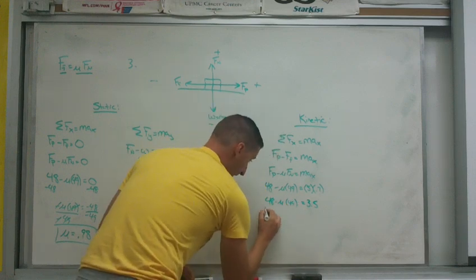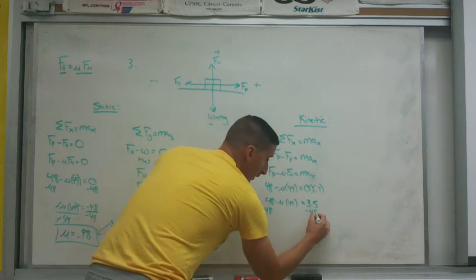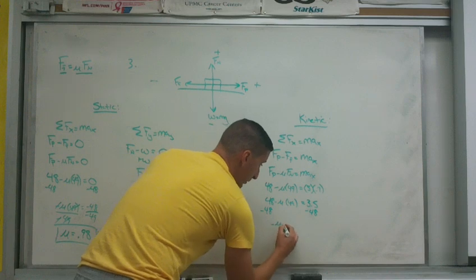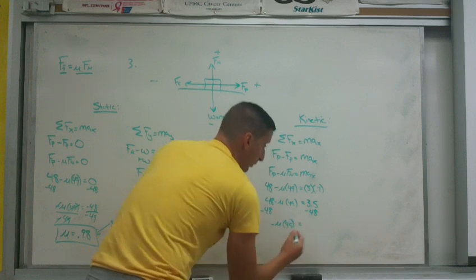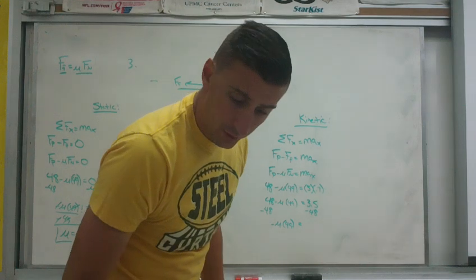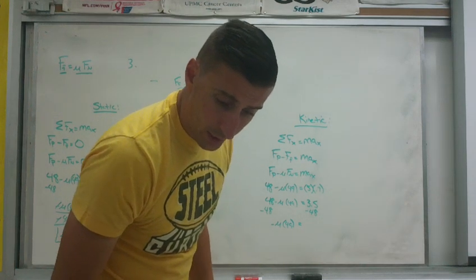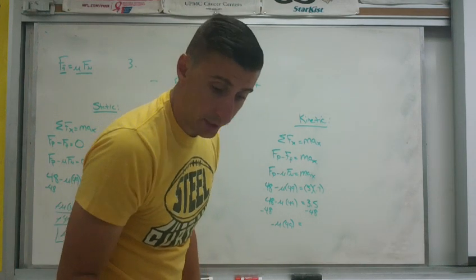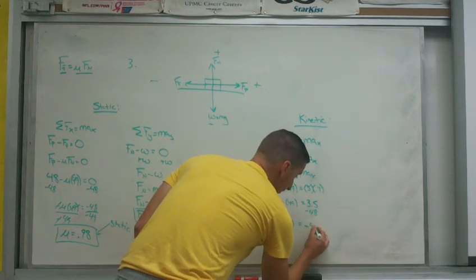I'm going to subtract 48. I get negative mu 49 equals 3.5 minus 48. I get negative 44.5.